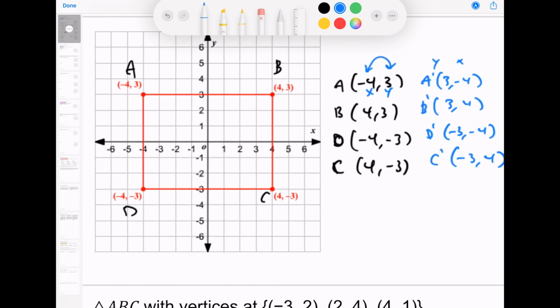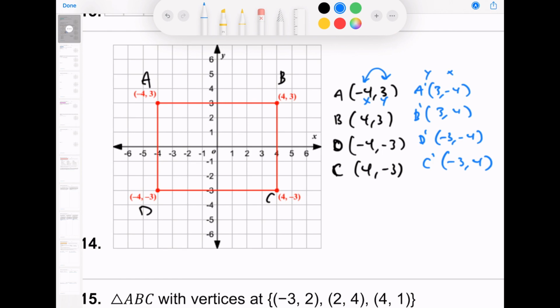And then I'm going to go ahead and graph those here in blue. Right 3, down negative 4. B prime, right 3, up 4. C prime, negative 3, up 4. D prime, negative 3, negative 4. So here is my new one.